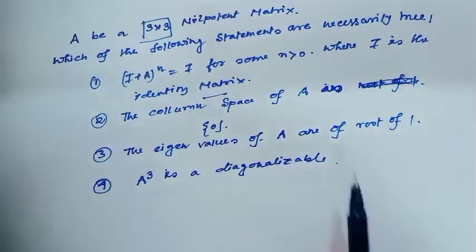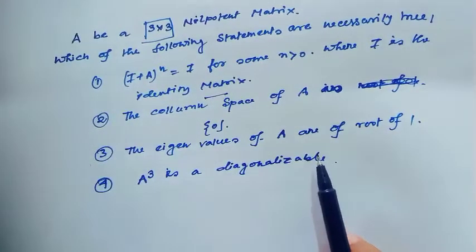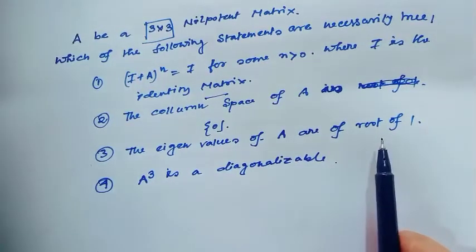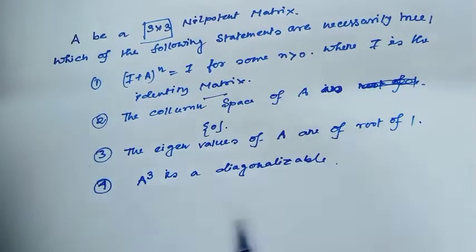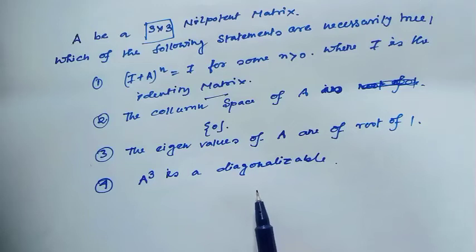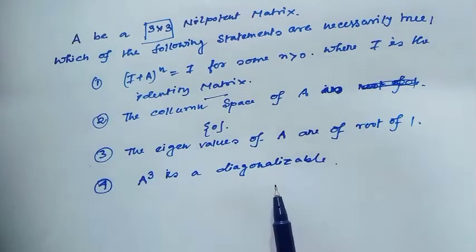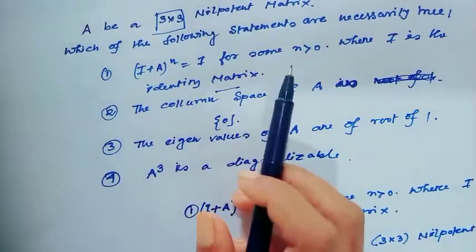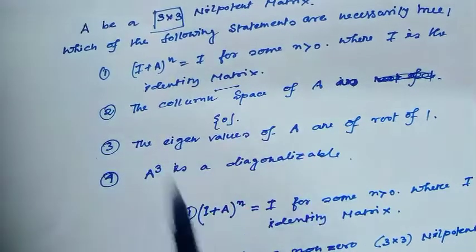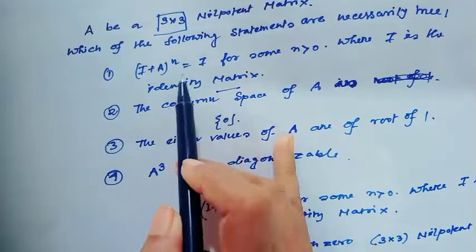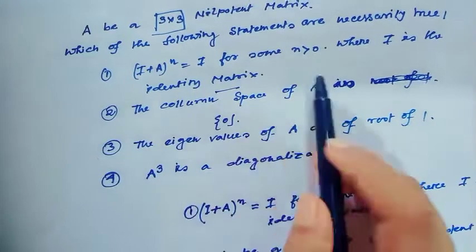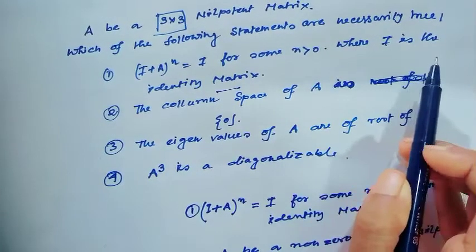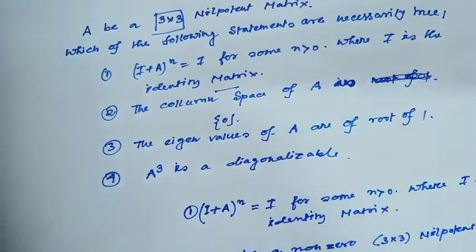Option 3, eigenvalues of the matrix A are of root 1. Option 4, A cube is diagonalizable. For this, option 1 is obviously true, because I plus A to the power n equal to I for some n greater than 0, where I is identity matrix.